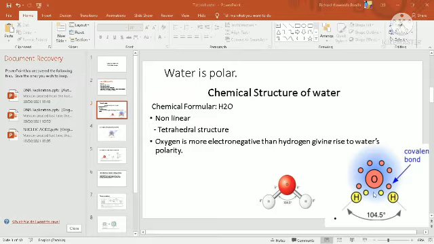So it will acquire those 2 electrons by forming covalent bonds with the hydrogens. However, since it still has these unpaired electrons, these ones would tend to repel the electrons in the covalent bond, pushing the covalent bonds further from the unpaired electrons. This forms this V-shaped structure we see, the tetrahedron.